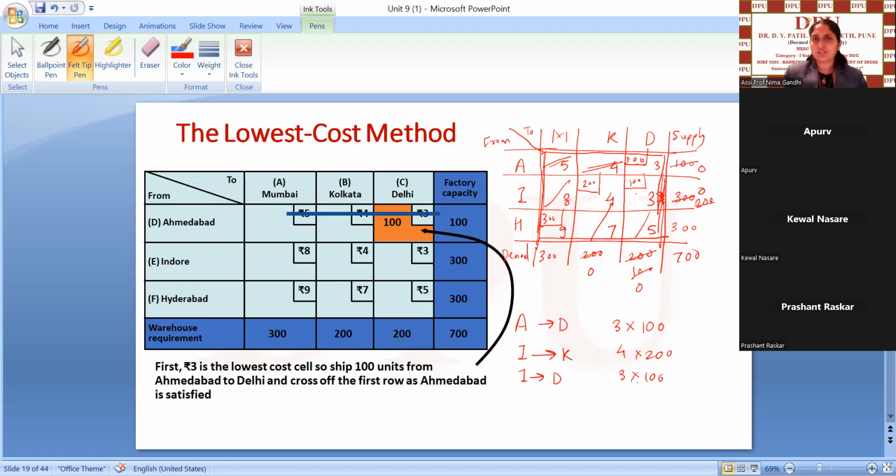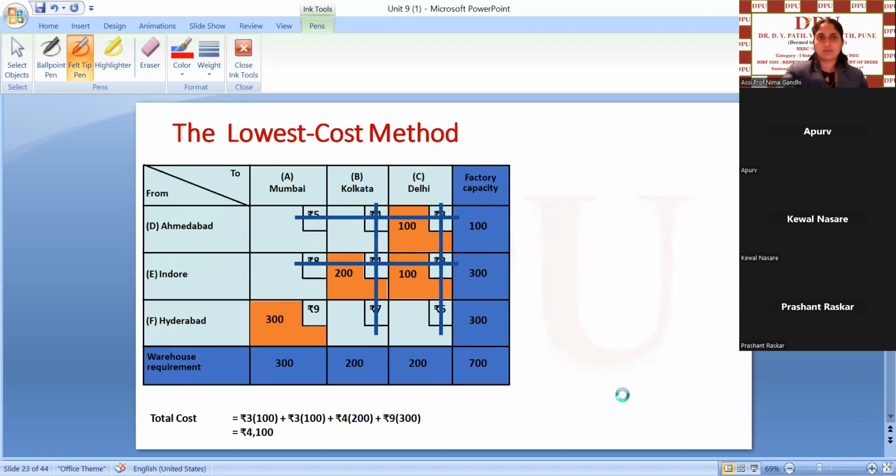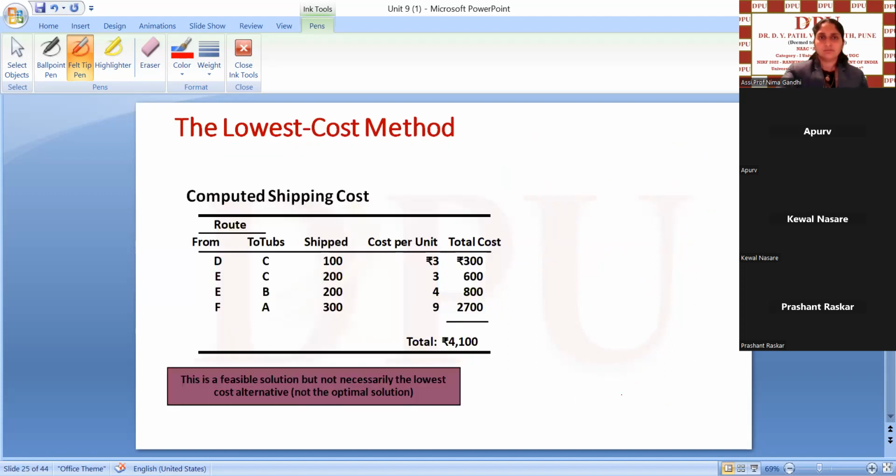The next allocation is from Hyderabad to Mumbai, and it is 9 into 300. So you can do the total, you can find out the cost of the transportation. So the total cost of the transportation is 4,100.